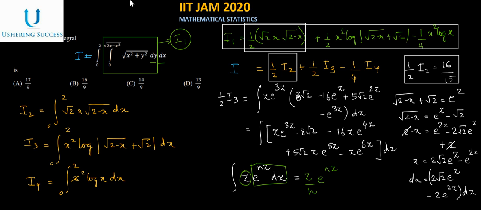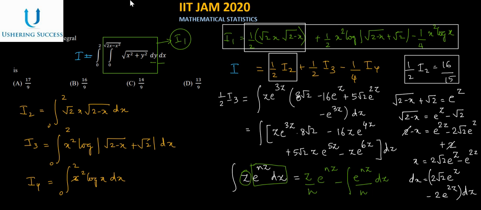If I integrate e to the power nz dz, we get e to the power nz by n. So this is my first term, and the second term would be integral of e to the power nz by n into dz is 1. So this would be the form of the integral.